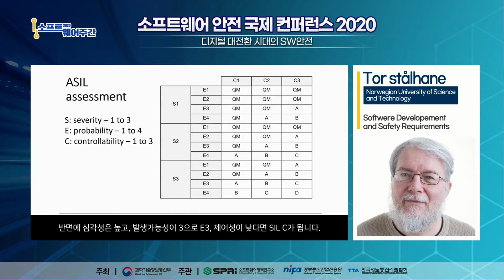On the other hand, if you have high severity and next to high probability and very low controllability, we'll end up with ASIL level C.